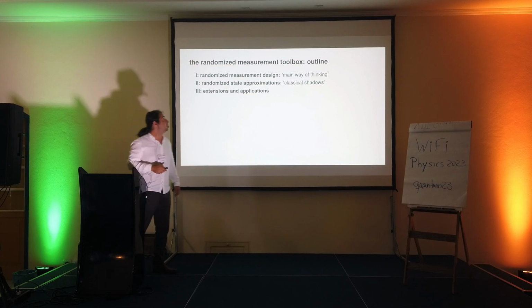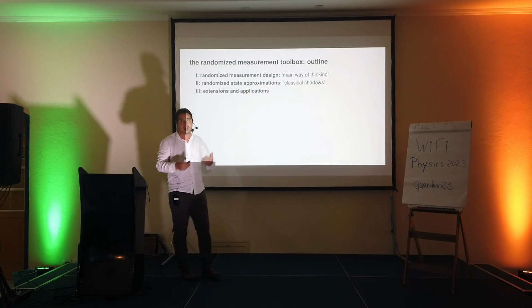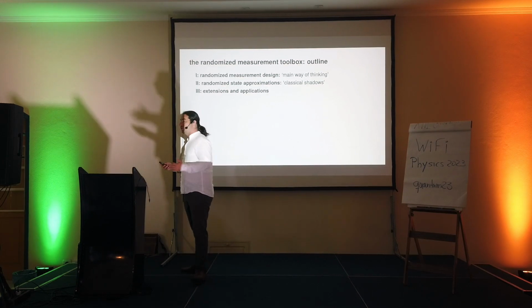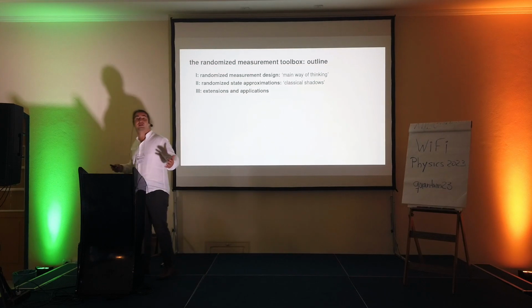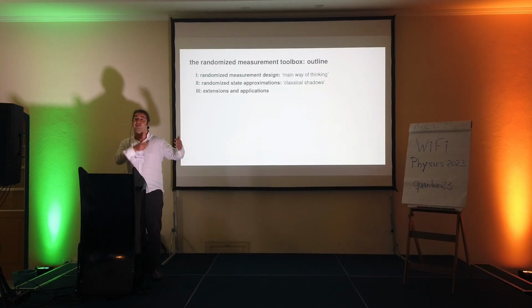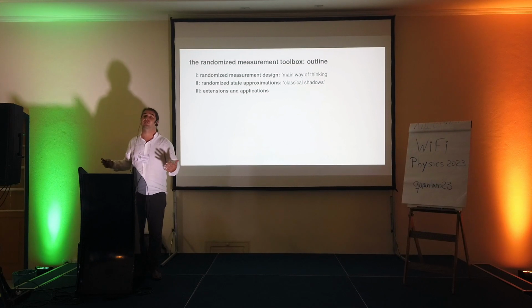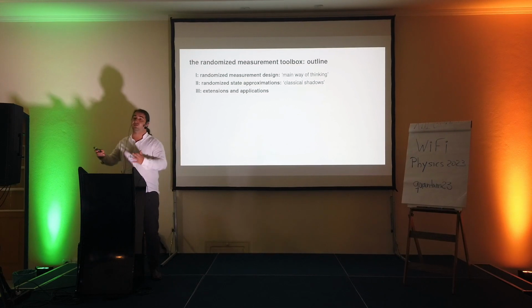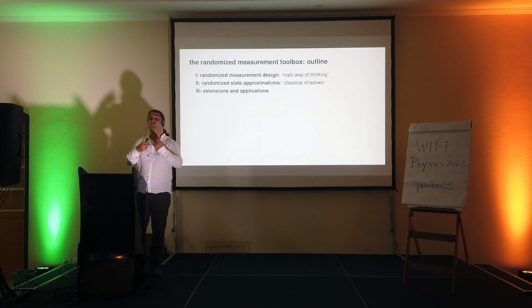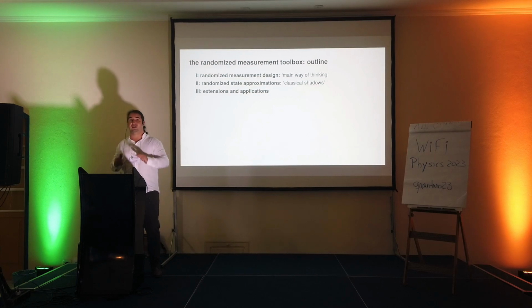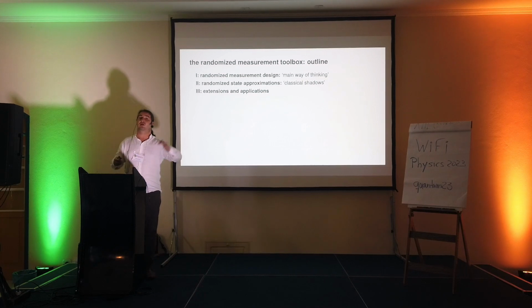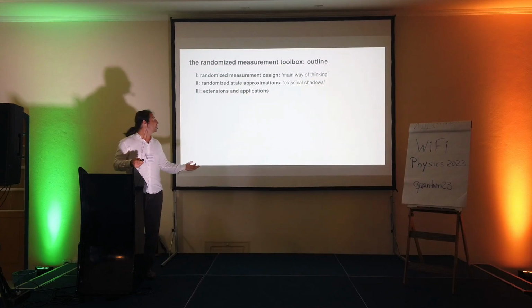Last time, we looked at measurement design when we already know certain observables we want to predict. So we started with observables and then tried to come up with estimation strategies. Today, I want to shift perspective and look at state approximations instead. Similar mindsets, but now we want to get efficient state approximations of an unknown quantum system.